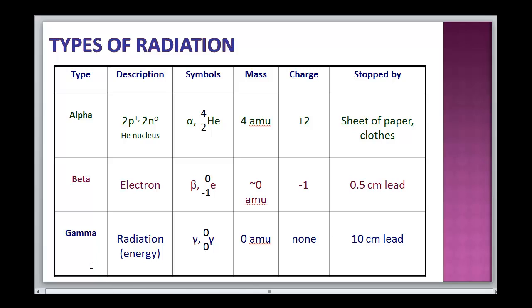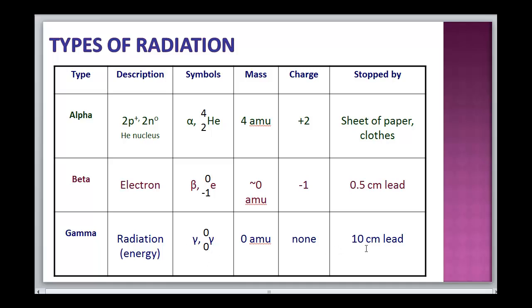Gamma radiation is a little bit different. This is the emission of electromagnetic radiation in the form of a photon. So it's sort of like a beam of light that's being given off. The interesting thing here is that the protons and neutrons of that element stay exactly the same.